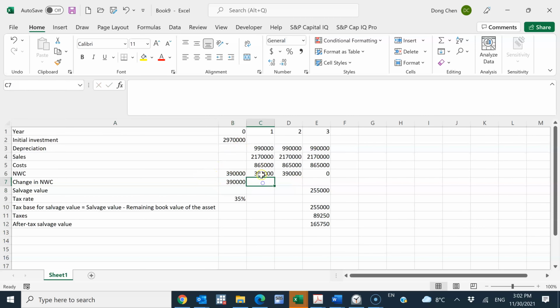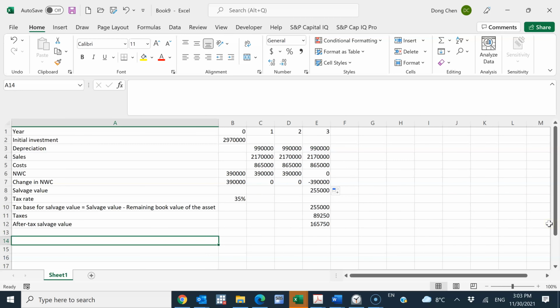But starting from year 1, the change can be calculated as that year's level of NWC minus the previous year's NWC. We can extend this formula to all other years. So now I have everything which is needed in order to calculate my free cash flow.